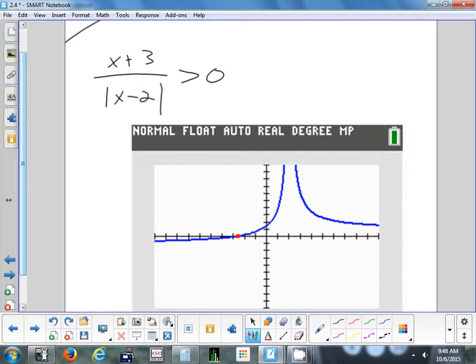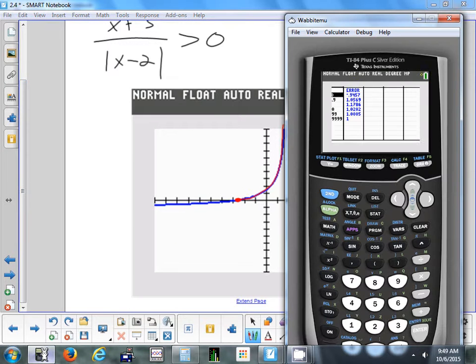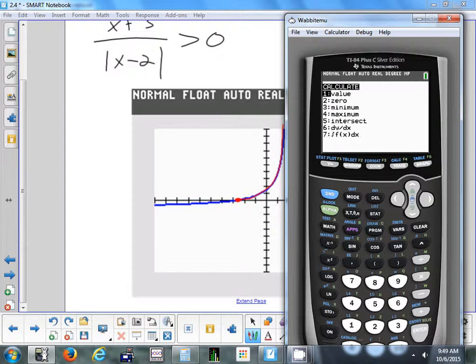It would be dividing by 0. Right, so we can pick any number from here all the way up to, that's just going to keep going, right up to +2, but you can't include it. All right, so let's find that point, because that's where we go above 0. So I'm going to calculate a root.